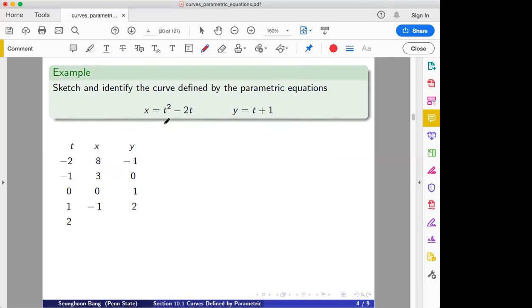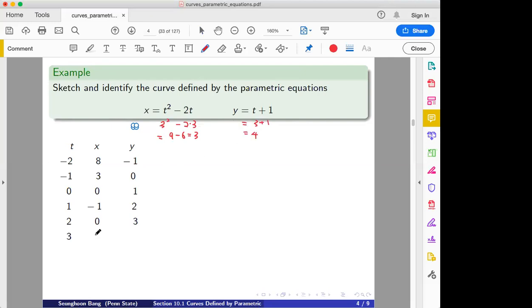Plug 2, the same: 2 squared minus 2 times 2, 4 minus 4 is 0, and 2 plus 1 is 3. We have 0, 3. We can plug 3 into here: 3 squared minus 2 times 3 is the same as 9 minus 6 equals 3. What's the y value? 3 plus 1 equals 4.